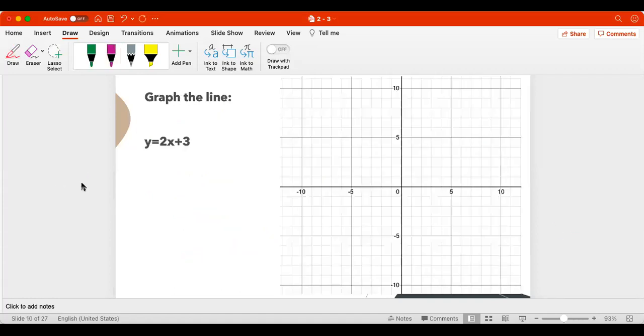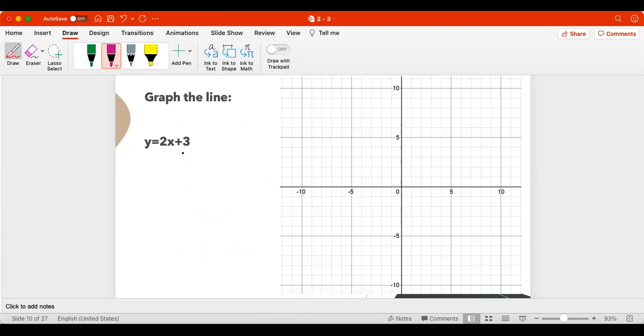Let's look at some more examples. Let's graph this line, 2x plus 3. I'm going to graph it by hand, and I highly recommend that you graph these by hand before using something like Desmos. Use it to double check your work because you want to make sure you understand what's happening.